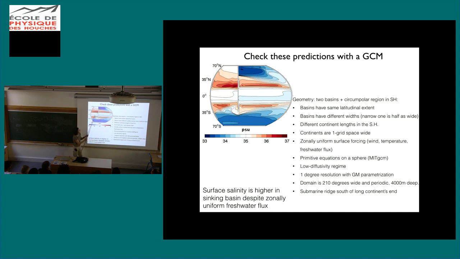So if you have sinking here and not here, you have to have more exchange from the non-sinking to the sinking basin than you would have if this short continent was on the east of the wide basin. And that larger exchange transports more salt.